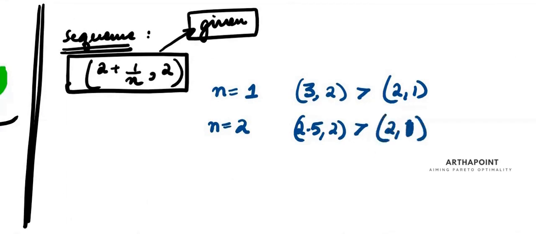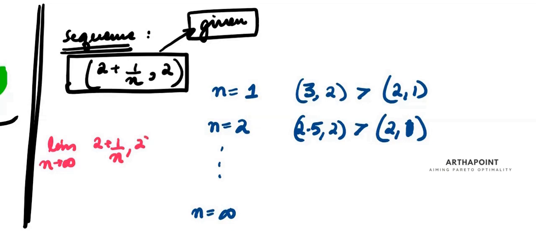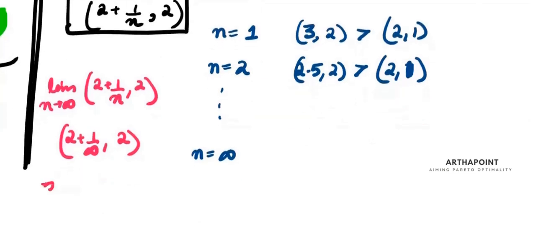Now, let's just check for infinity clearly. For n equal to infinity, let me put the limit as n tends to infinity of (2 plus 1 by n, 2). This will be 2 plus 1 by infinity, 2. So this will be 2 plus 0, 2, which will be (2, 2).